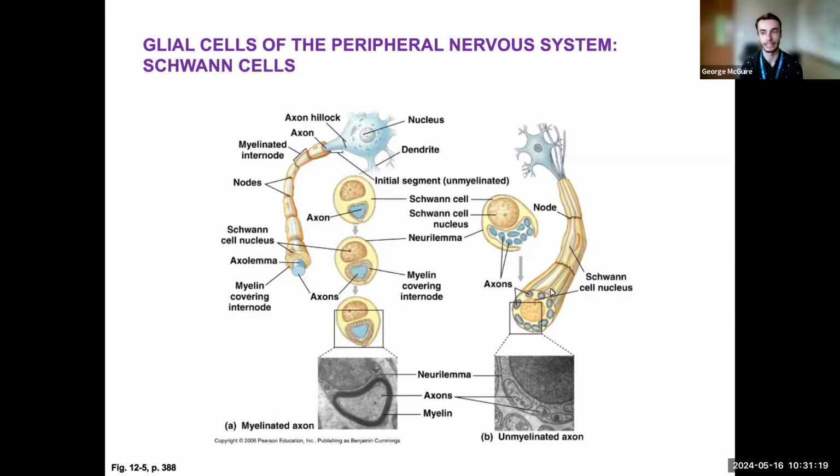It's not really providing that same function of saltatory propagation that we'll talk about with myelination. So these are not fully myelinated. These are considered unmyelinated axons. So when it is 1 to 1 to 1, you get a myelinated axon. If there's one Schwann cell with multiple neurons or multiple axons surrounding it, that is considered unmyelinated.